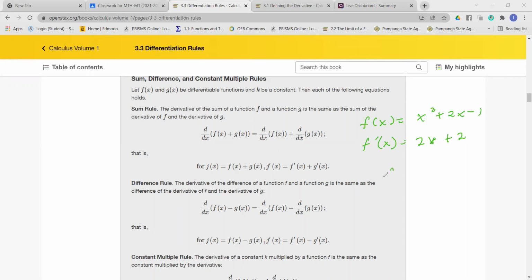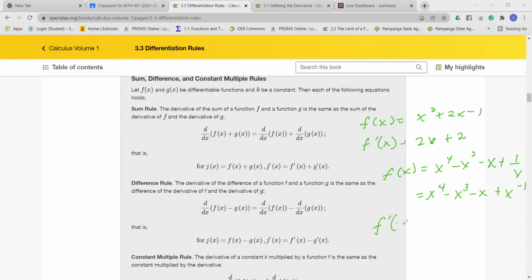Now, if I have f of x equal to x to the 4th minus x cubed minus x, for example, plus 1 over x. Pwede natin ayusin ito. Yung 1 over x natin is also the same as x raised to negative 1. This can be written as x to the 4th minus x cubed minus x plus x raised to negative 1.